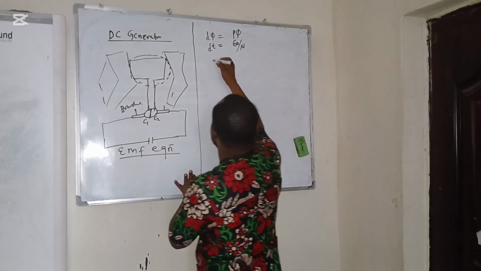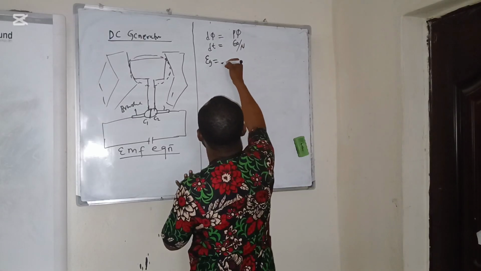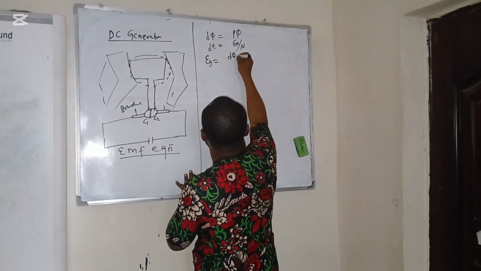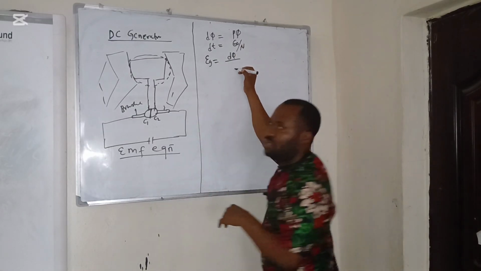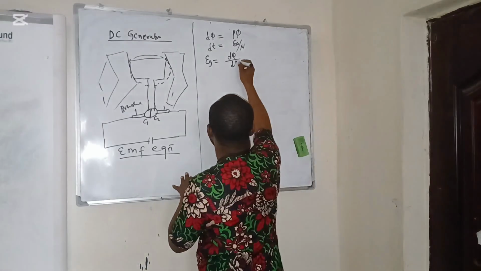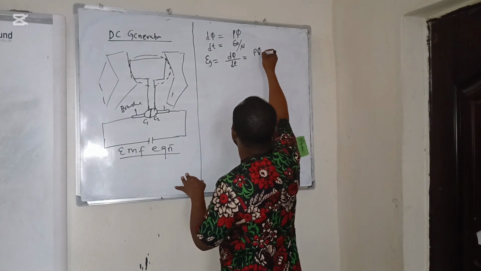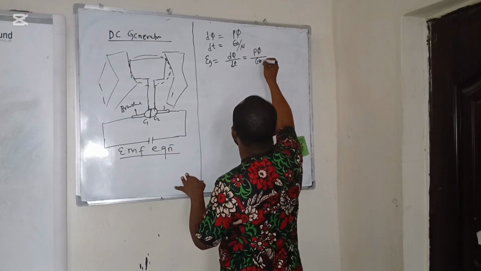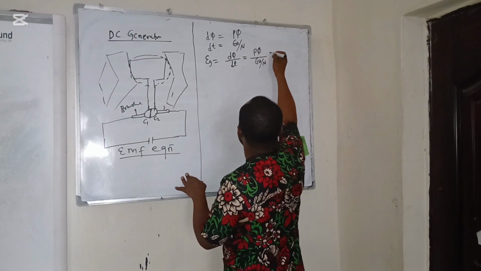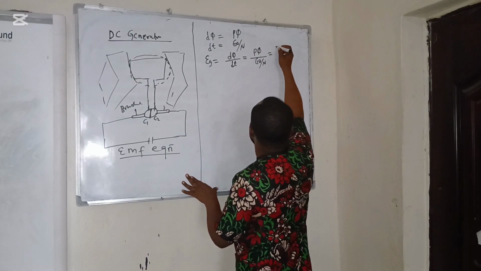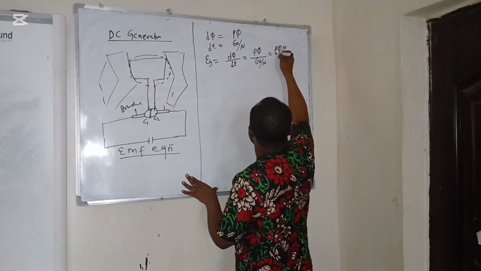So the induced EMF is always equal to change in flux divided by change in time. So this will give us this divided by 60 by this. And this will finally give us this relationship.